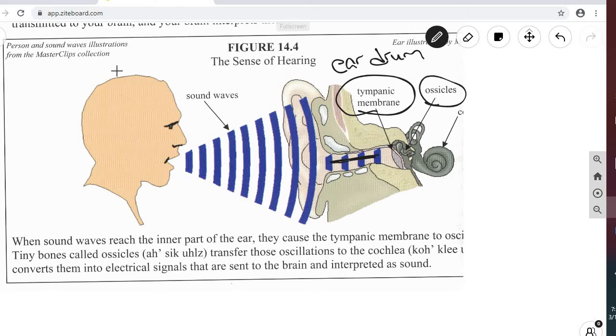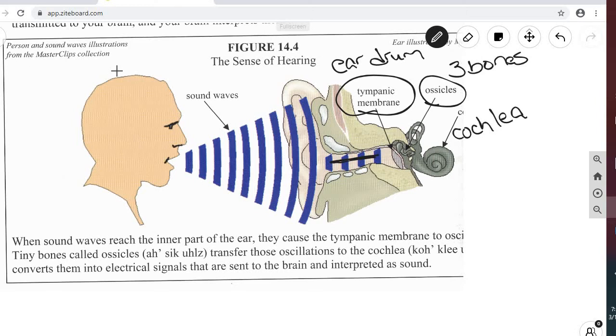There are three small bones in the middle ear, and those will start vibrating, and then those bones are connected to this sort of coiled structure in the ear that is called the cochlea. These vibrations then get sent to the cochlea.